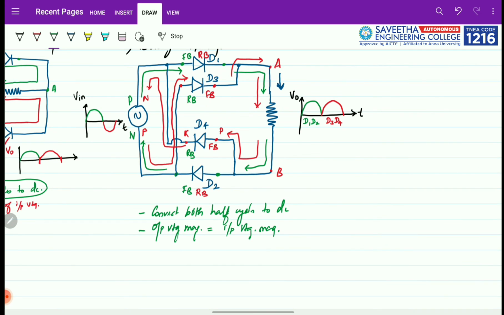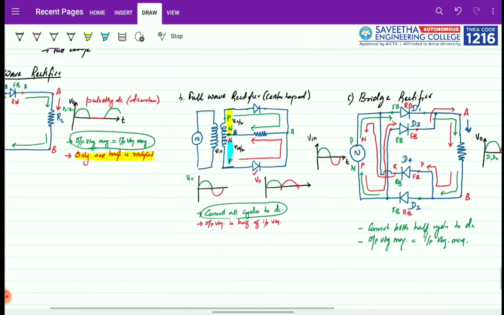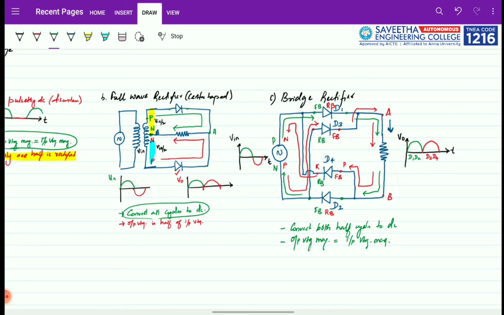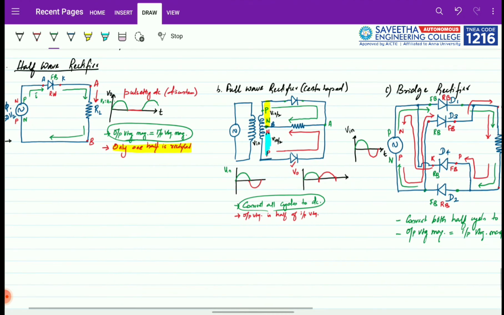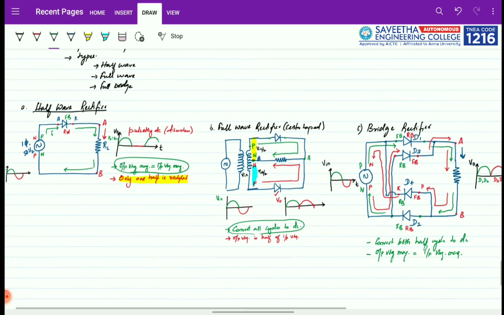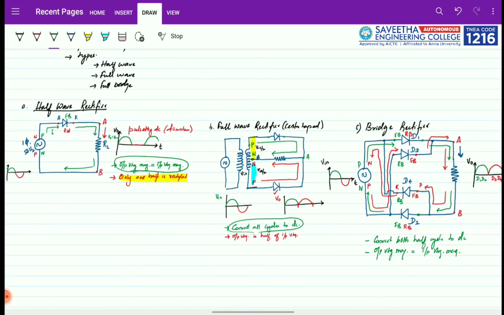So in this way we can study the half wave rectifier, full wave rectifier, and the bridge rectifier in terms of their differences. This basic understanding of the circuits will be helpful for you for understanding further, right? Thank you.